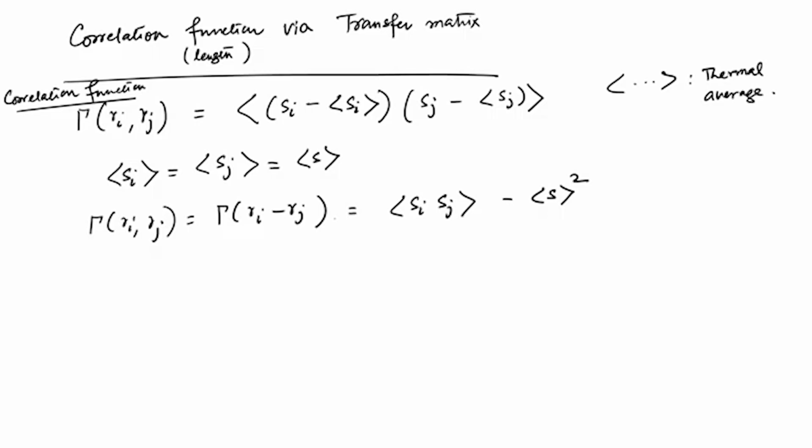So, the implicit assumption is that the spin correlation, or the spin-spin correlation, again let me reiterate, is the probability that you have an upspin at a site i, and also an upspin at a site j, where i and j are arbitrarily far apart.